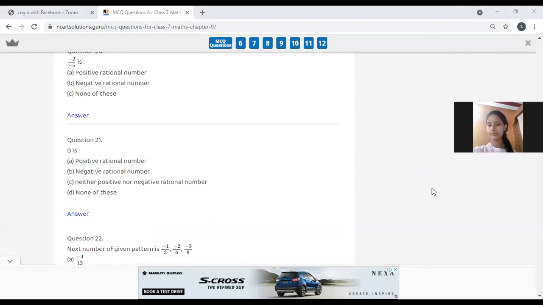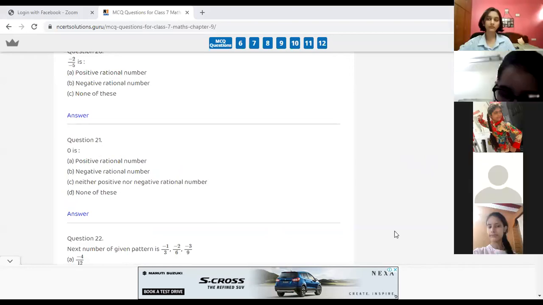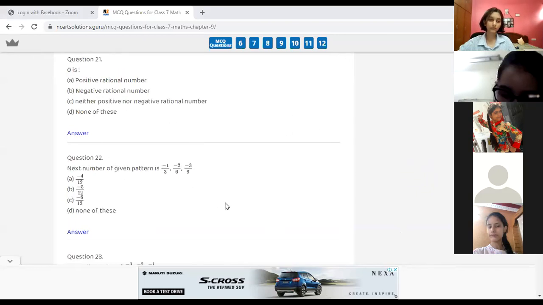Next, yes, Aryan. Ma'am, can I tell? Yes, beta. 0. Neither a positive nor a negative rational number. Yes, it is neither positive nor negative. Yes, Arshia, answer the next question. What will be the next number in this pattern?